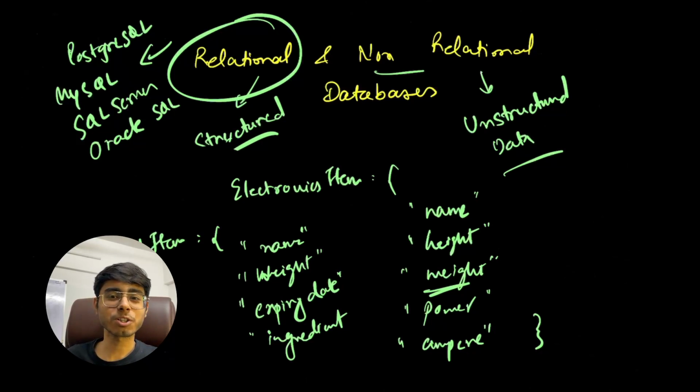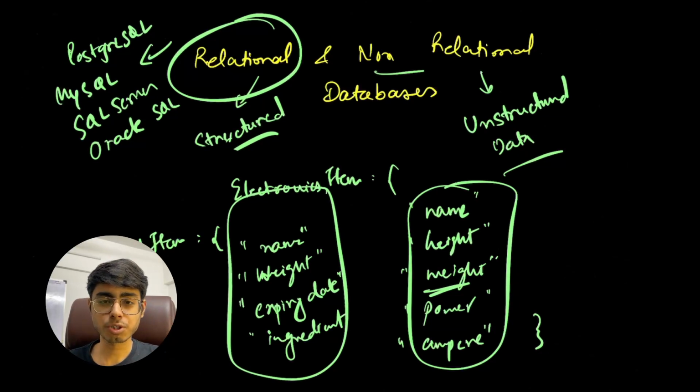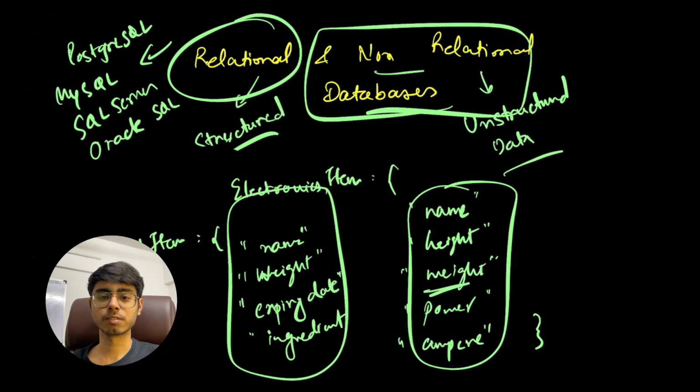Here my data is not structured. Some data points have these features, and some data points have those features. Now I'm confused? You don't need to get confused. We have non-relational databases, where you can store unstructured data also.